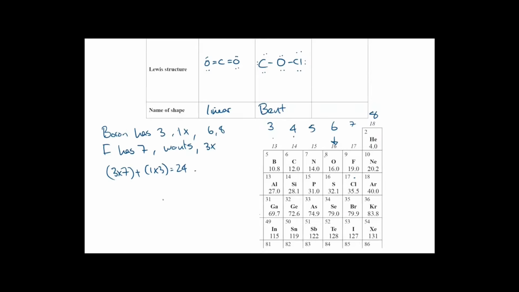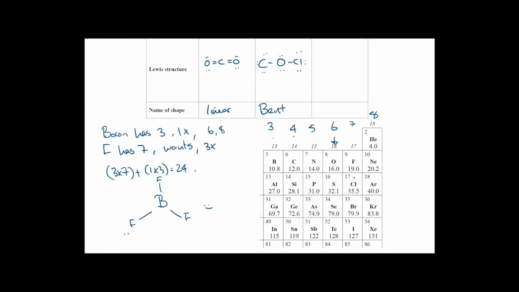So the central atom is going to be this boron, and there's going to be 3 fluorines coming off it. Now each of these fluorines is happy because it started with 7. It's picked 1 up from boron, so this one is happy.